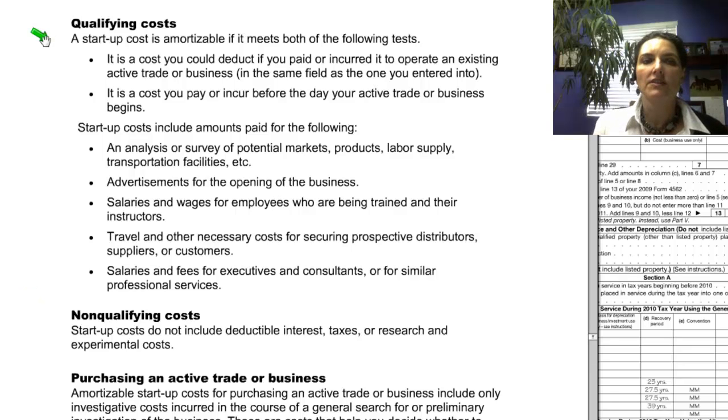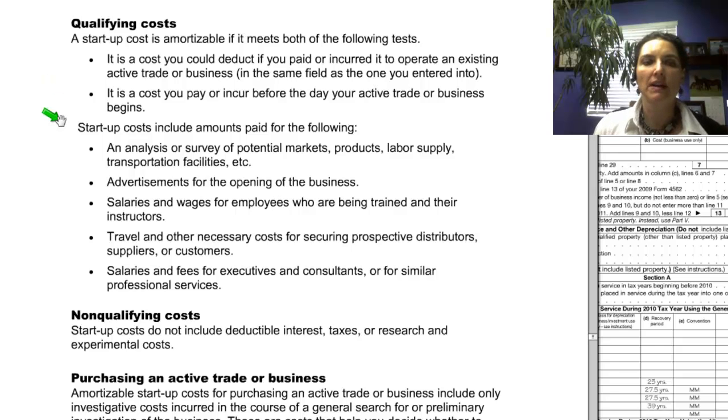Qualifying costs. A startup cost is amortizable if it meets both of the following tests. It is a cost you could deduct if you paid or incurred it to operate an existing active trade or business in the same field as the one you entered into. And it is a cost you pay or incur before the day your active trade or business begins.